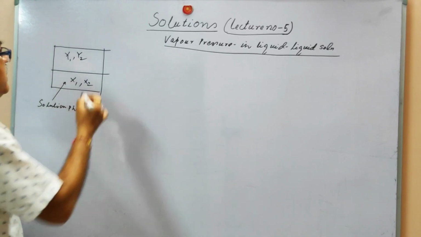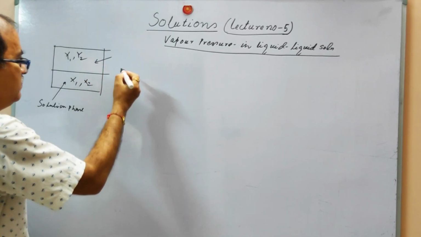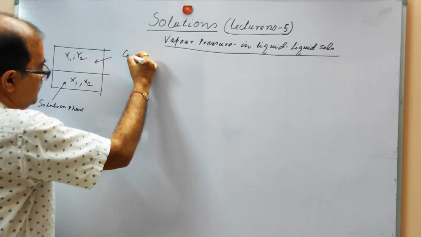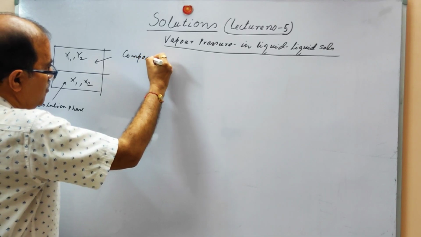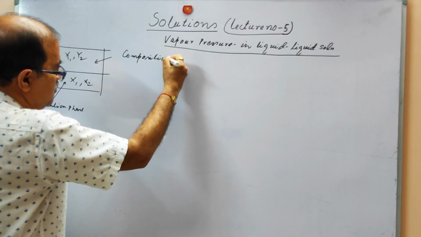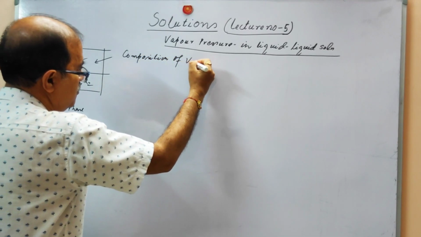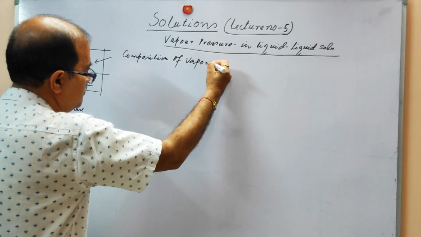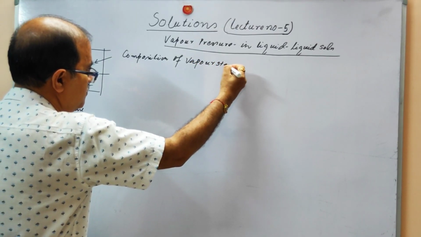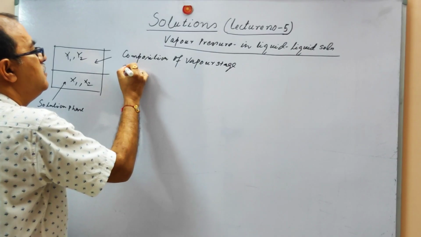So how do we calculate the mole fraction? This is the composition, we can write the composition of the vapor phase at equilibrium.